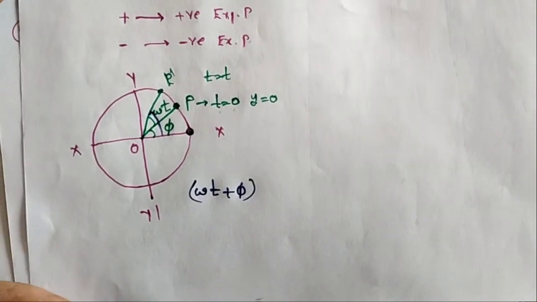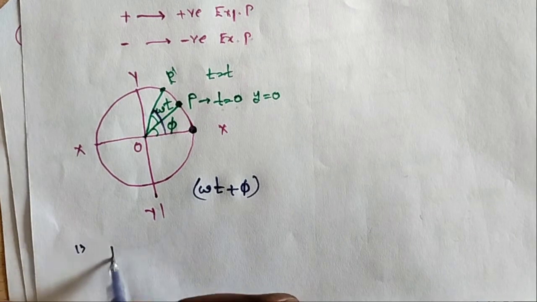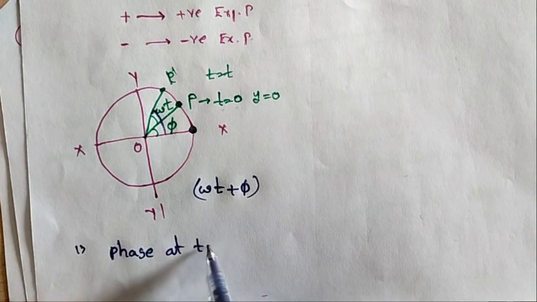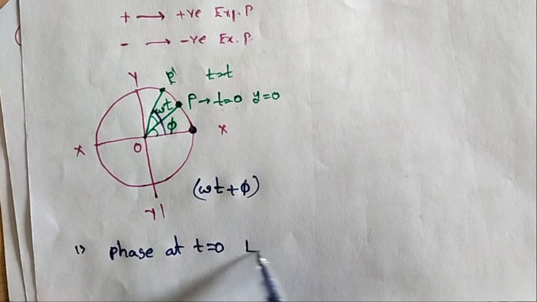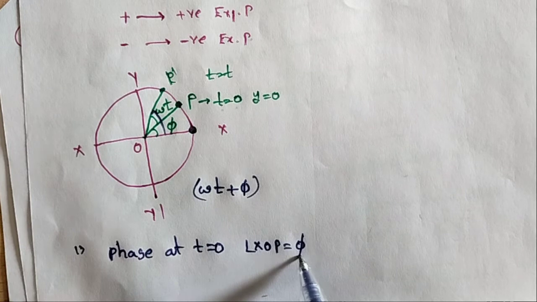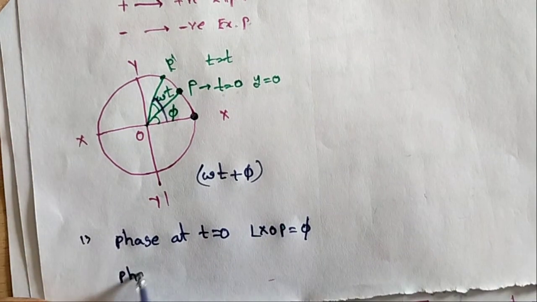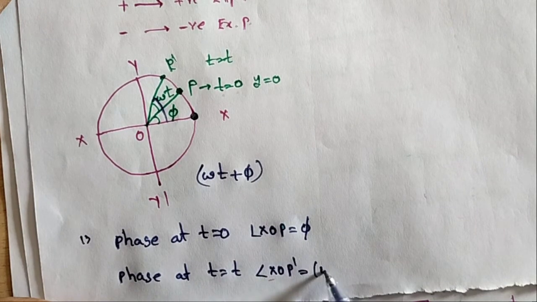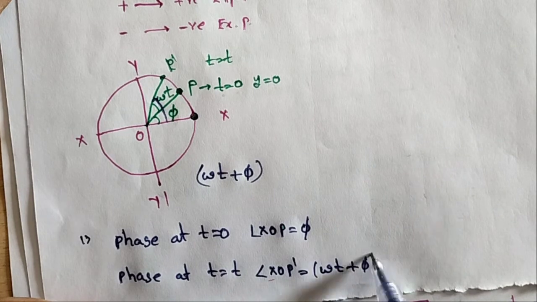Here I will write two points. One is the phase at t is equal to 0. Therefore angle XOP is equal to phi, and the phase at t is equal to small t, angle XOP dash, is equal to omega t plus phi.